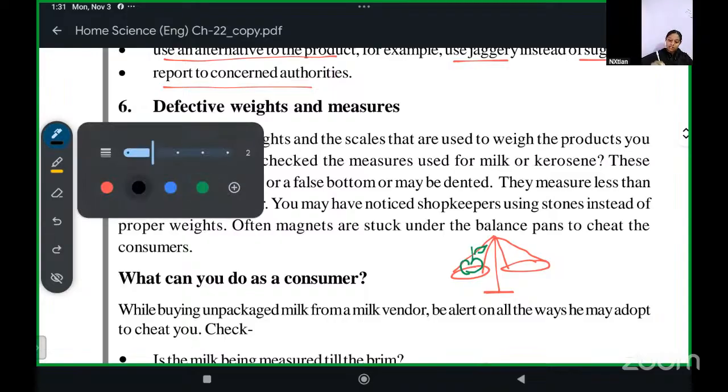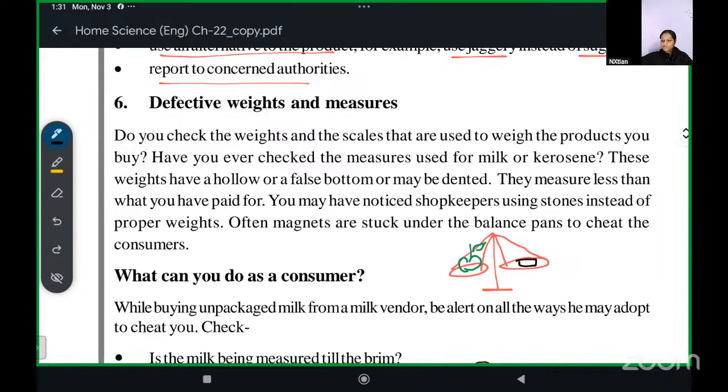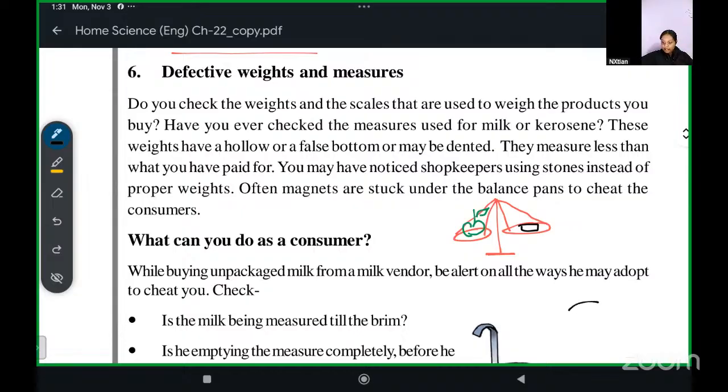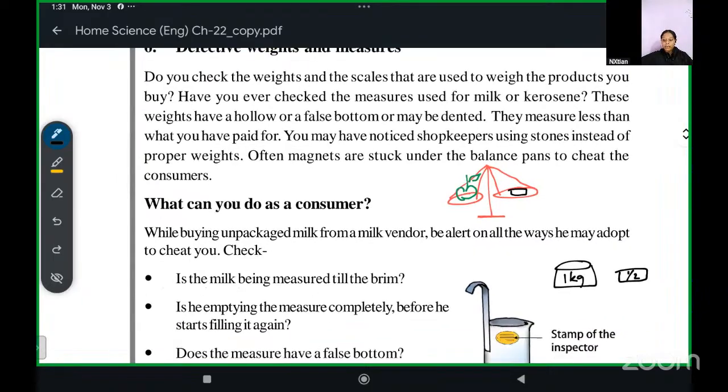On the other side they put the weights. They have these heavy iron weights, one of 1 kg, a smaller one of half kg, and big ones for 5 kg and so on. They put these on this side and then they measure.